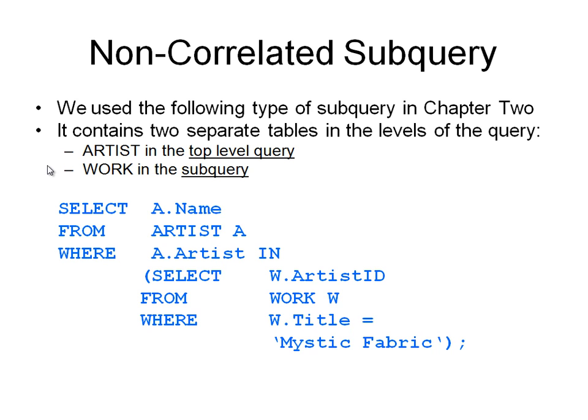The regular subquery was introduced in chapter 2, where it contains two separate tables in the levels of the query. The example that we used was from the View Ridge Gallery database, where we had artists in the top level query, while work in the subquery as shown in the code.